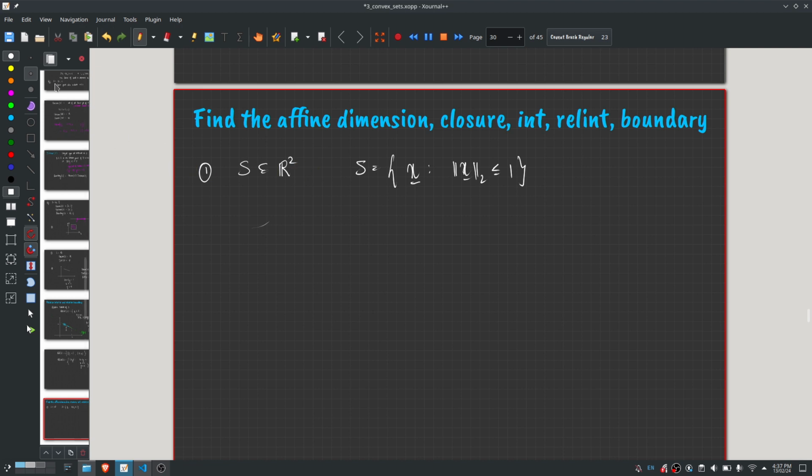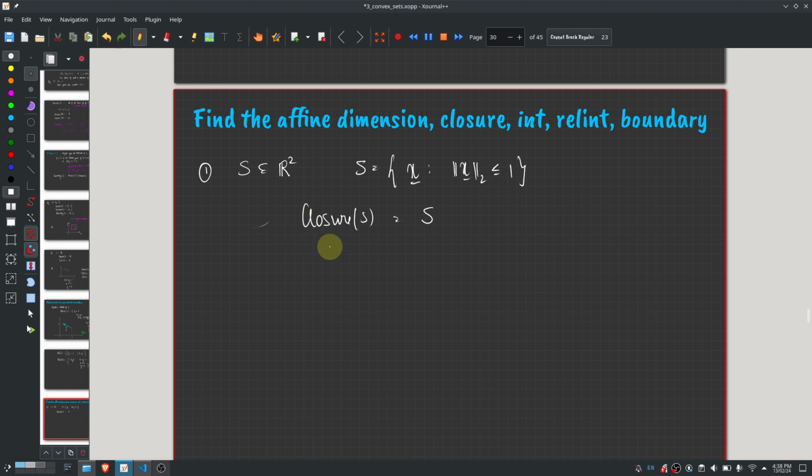What is the closure of S? Correct, it's S itself. As you said, it's a circular region. So the circular region, including the boundary, corresponds to the closure.